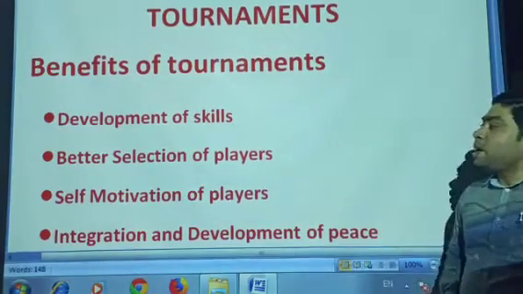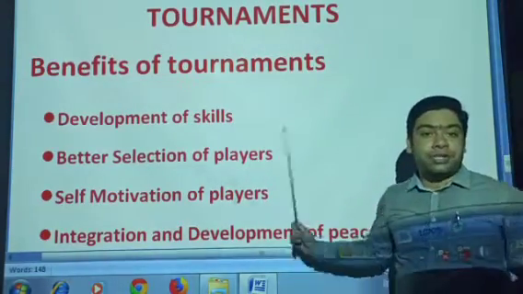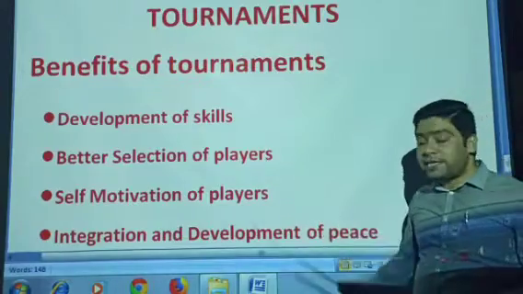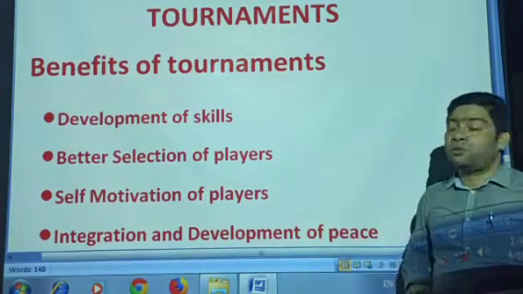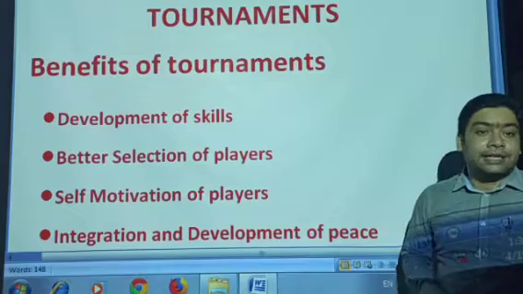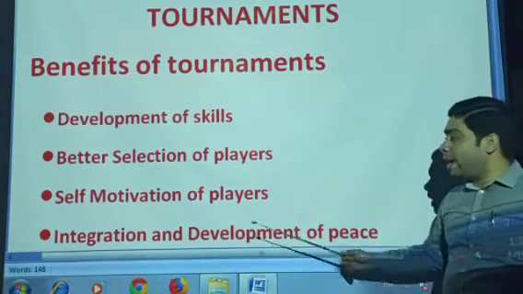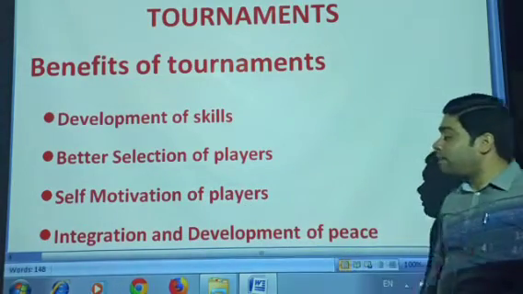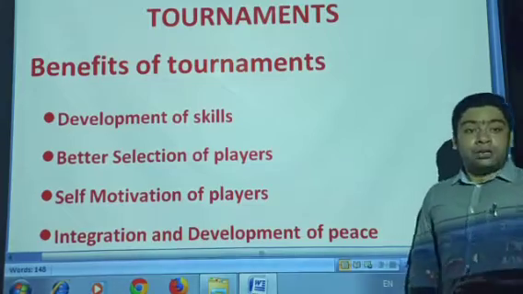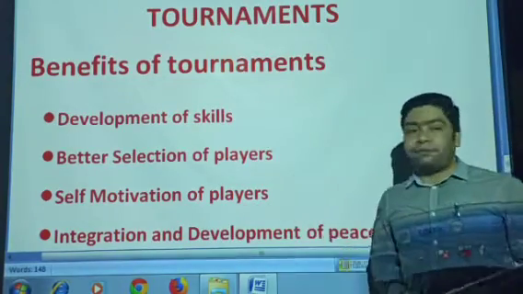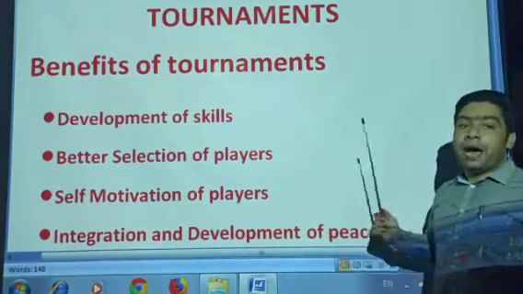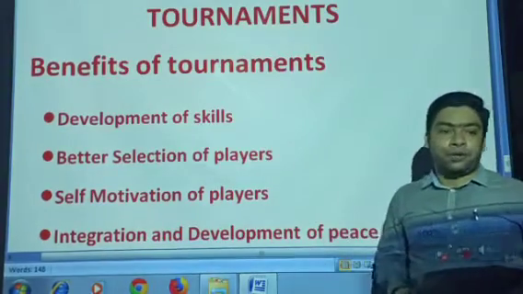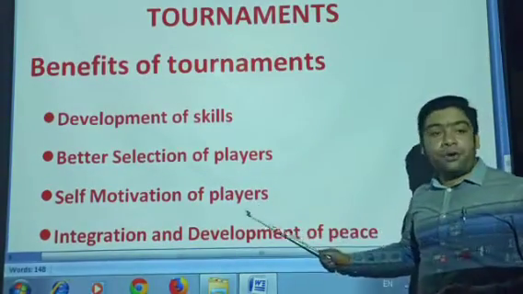The second one is better selection of players. It also suggests what kind of player we should select, where our likeness is, where our quality is. And the third one is self-motivation of players. Players think that if I give my best in this tournament, I will be selected for the next tournament also. That means it is a career-oriented point.